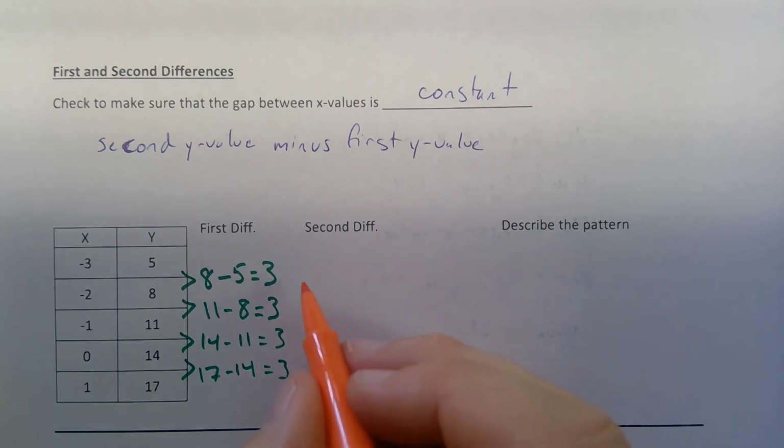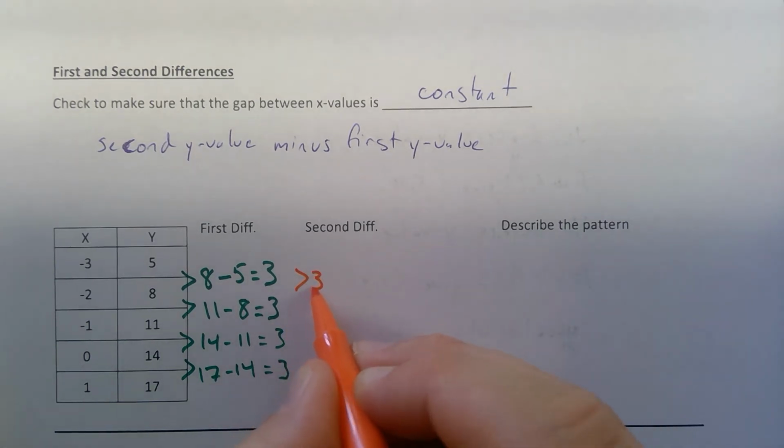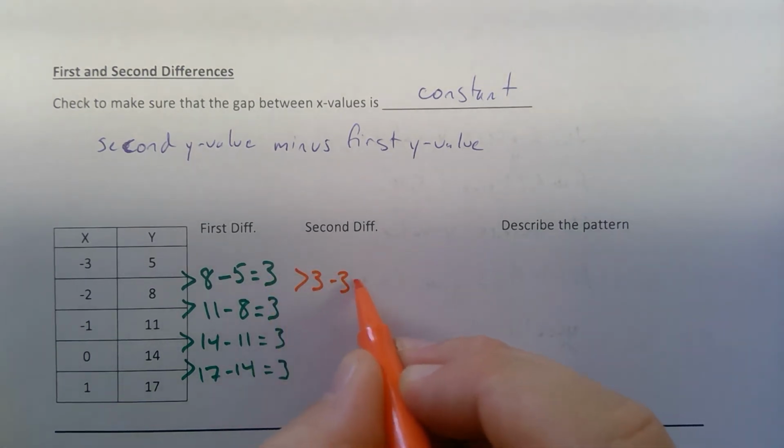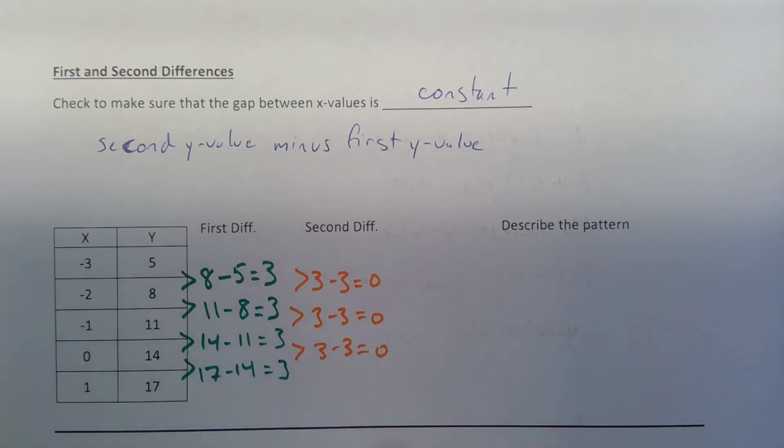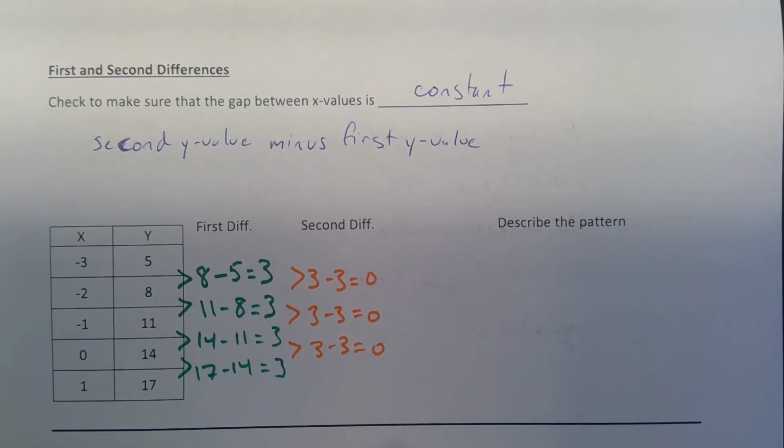Now our second difference, same idea. 3 minus 3 is 0. 3 minus 3 is 0. 3 minus 3 is 0. You might say, Mr. Herman, that's stupid. It's the same thing. Okay, well, we've seen before if that first difference is the same, it's a special type of function. What type of function is that if we have the first difference that's the same?